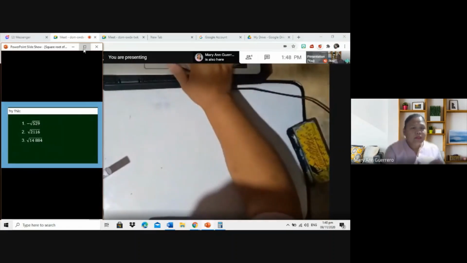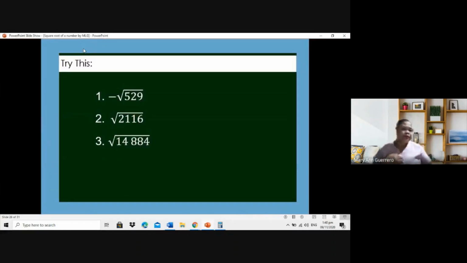Now, what about this? Number 1, negative square root of 529. Medyo malaki-laki na to. Okay? So, dahil malaki-laki na to, big numbers na to, bibigyan ko kayo ng technique kung paano kuhanin ang square root ng medyo malaking numbers. Okay?